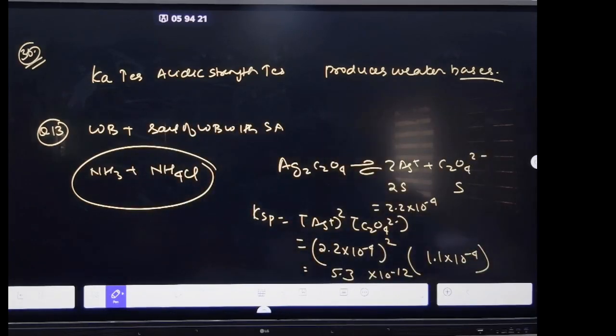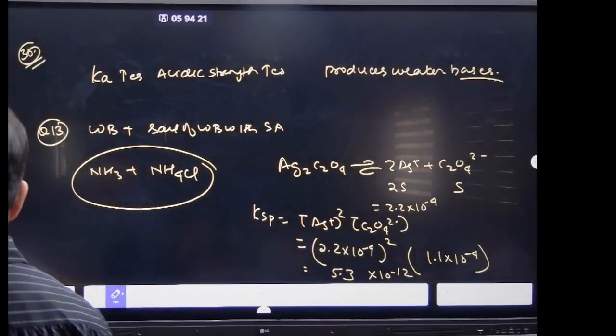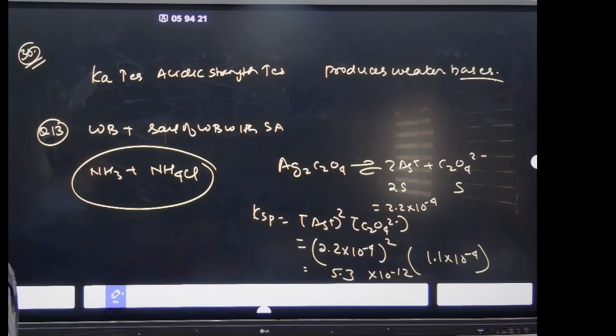Question number 15. You do question number 15. What is asked then? pH of which of the following compounds will be equal to 1?